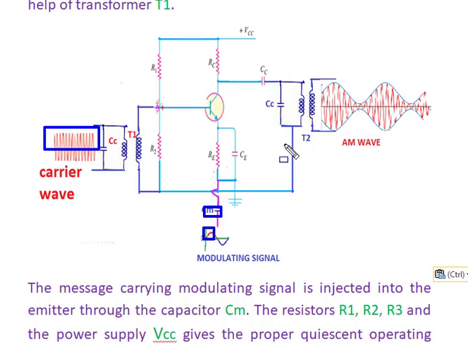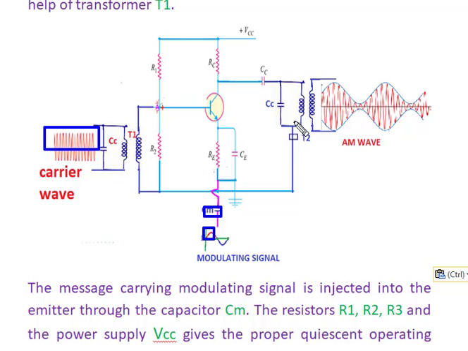So the generated amplitude modulated wave consists of positive components. It is filtered using the capacitor CC here, and then it passes through this tank circuit T2.